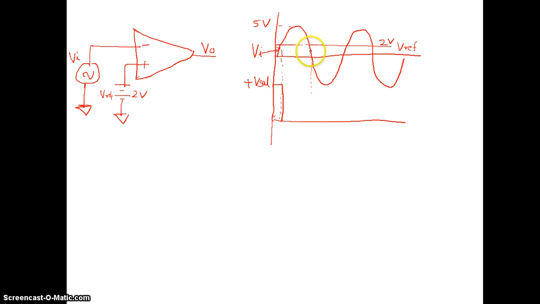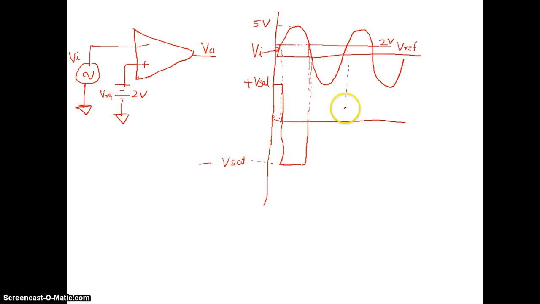So I can draw till that point that the voltage should be minus Vsat.